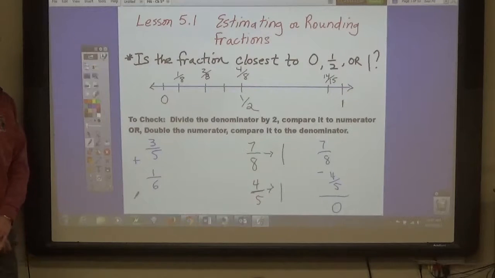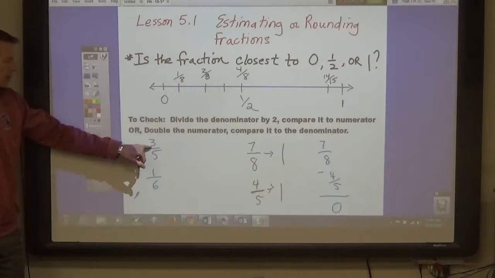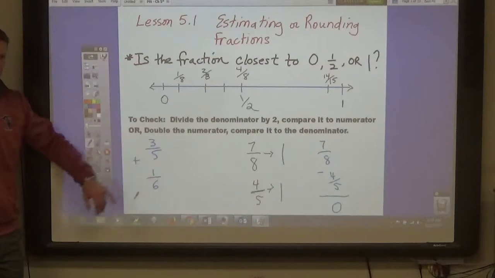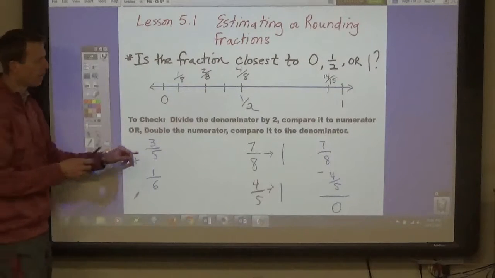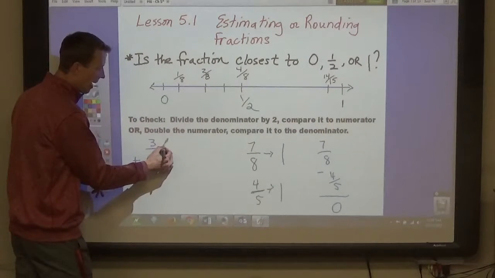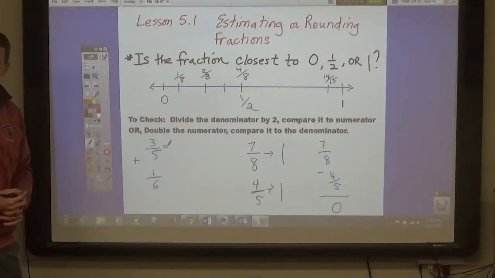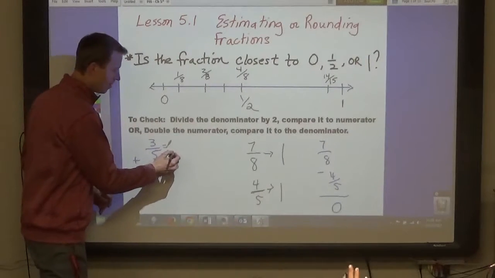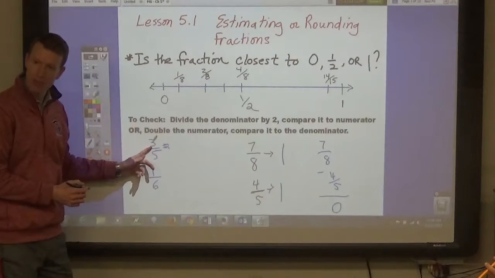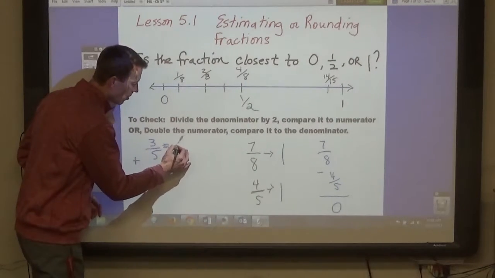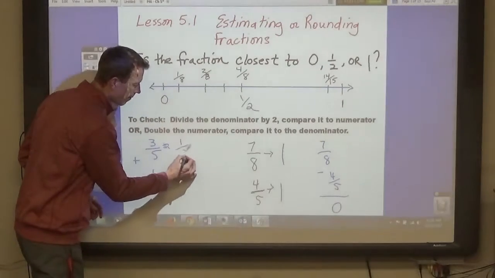Three fifths and 1/6. What is this closest to? 3/5. Olivia? Half. Yeah. Do you know what half of 5 is? 2.5. Yeah, 2.5, which is really close to 3, isn't it? So we would round that to a half.